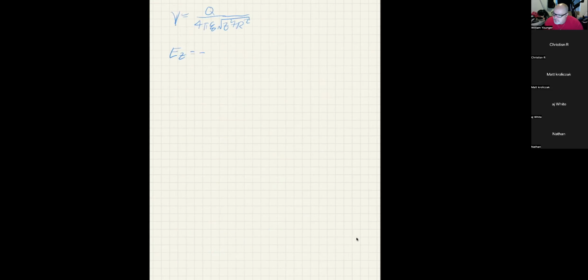Now we're actually doing a full gradient, but there's no x in here, so the partial with respect to x is going to give me 0. And there's no y in here, so the partial with respect to y is going to give me 0. There is a z in here, but I'm talking about the component, not a vector symbol, so I'm going to leave off the k and just take the derivative with respect to z. So I'm going to pull out all the constants, which are q over 4 pi epsilon naught. Notice the negative came as part of the formula.